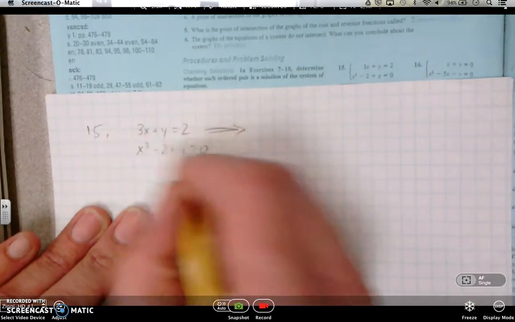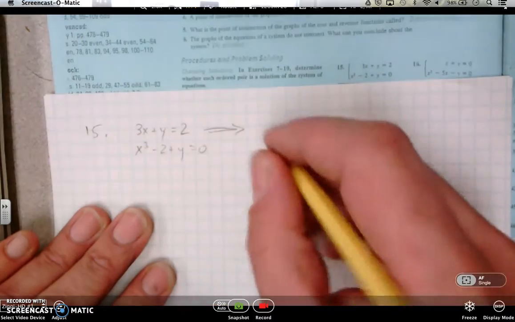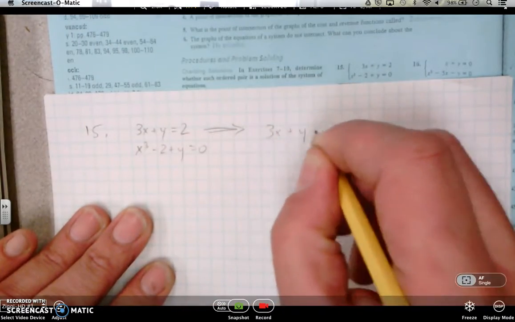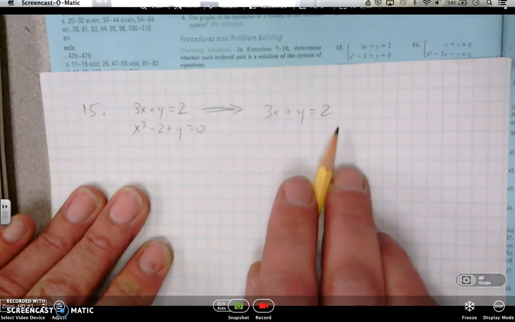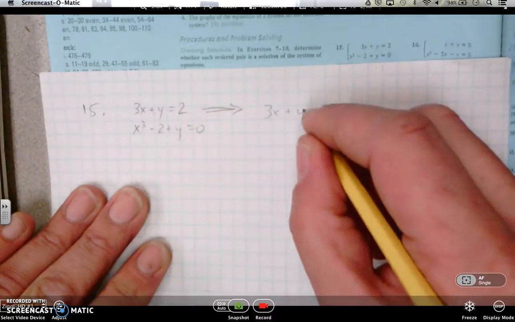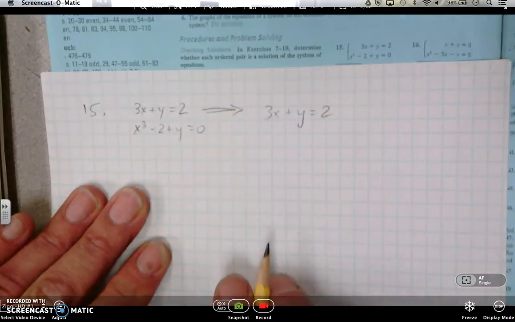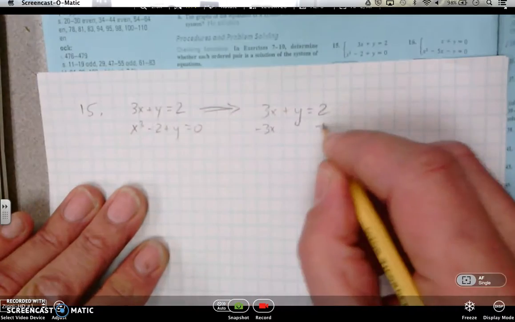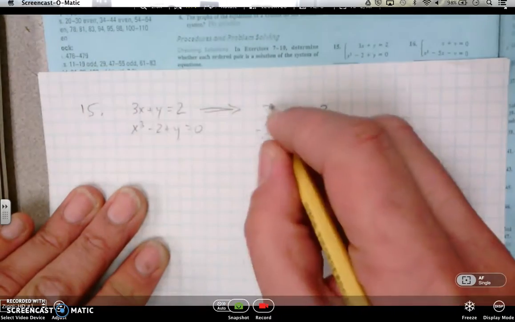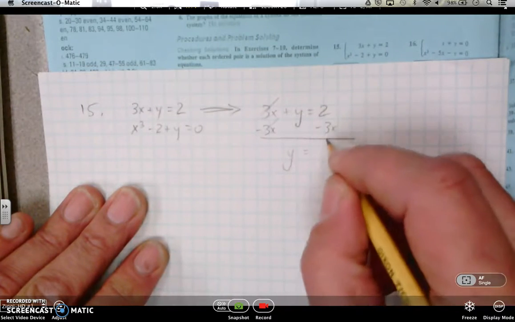So substitution, let's take this first equation because it's a little easier, because there's no exponents. For substitution, we need the y alone. We want to know just y by itself. So you can move the 3x over and make it negative, or really what we're doing, subtract 3x from both sides. You get y equals 2 minus 3x.